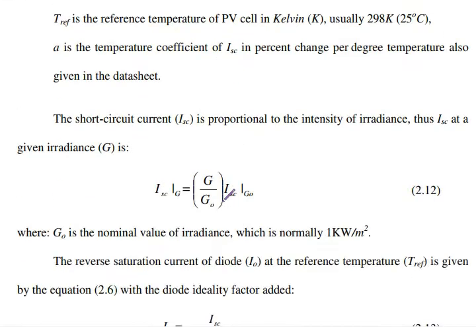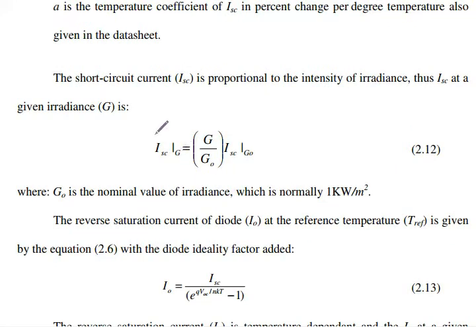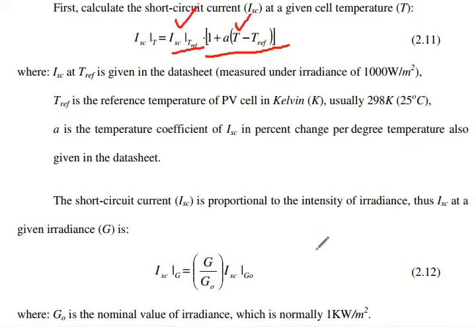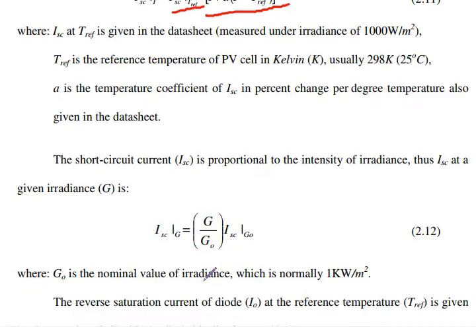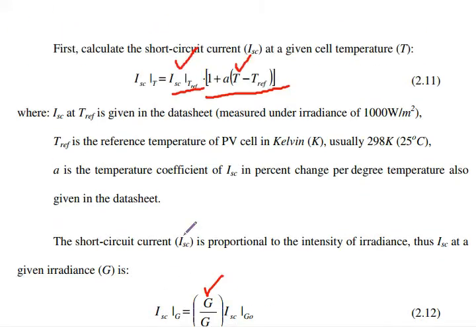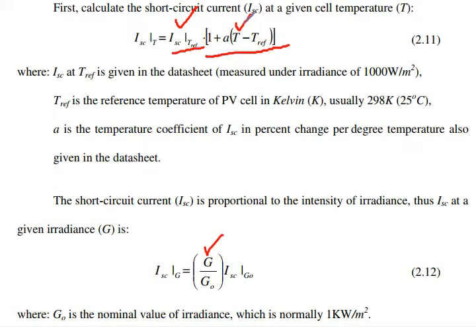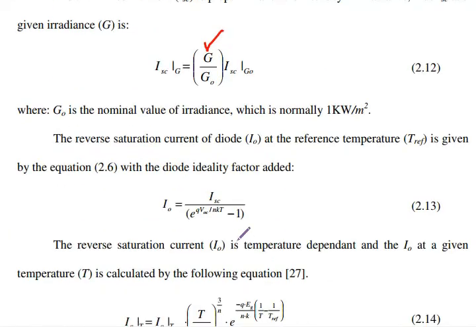But at the same time, the photovoltaic current of a PV cell is also dependent on G. So multiplying this by G normalized by 1000 will give the photovoltaic current of a cell according to a specific G and a specific temperature T. So we can calculate the photovoltaic current by this equation at any temperature and any irradiance.